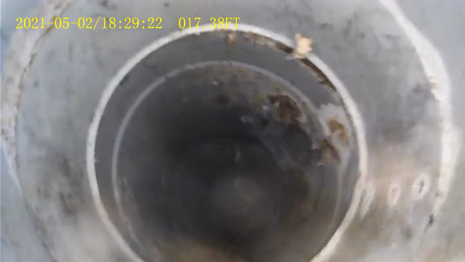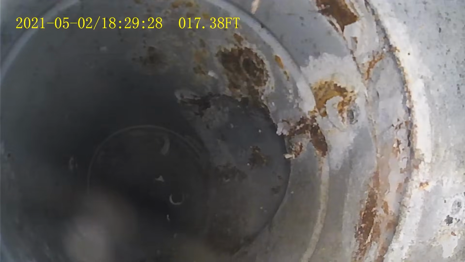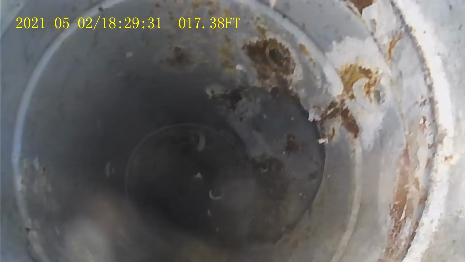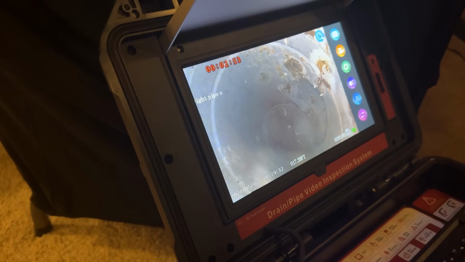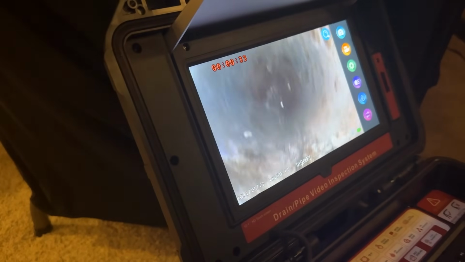If I come back a little bit, so off to the right pipe entrance. Let's keep pushing forward. Man, these are really rusted in here.